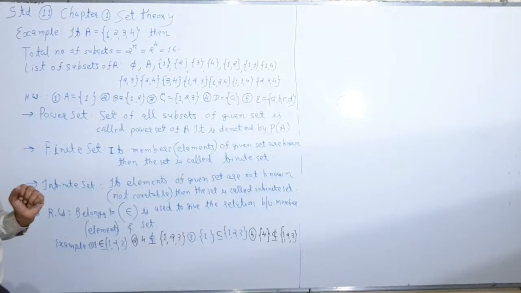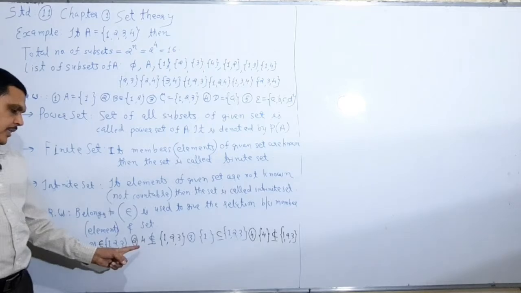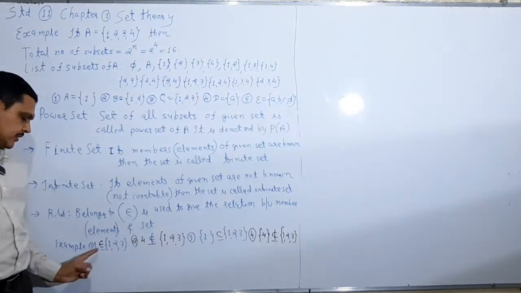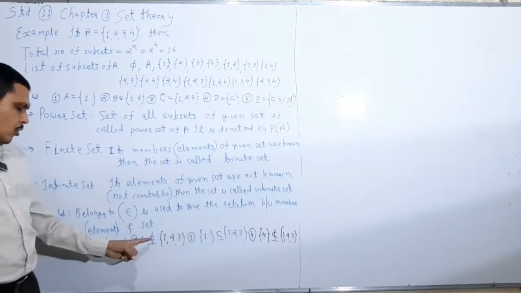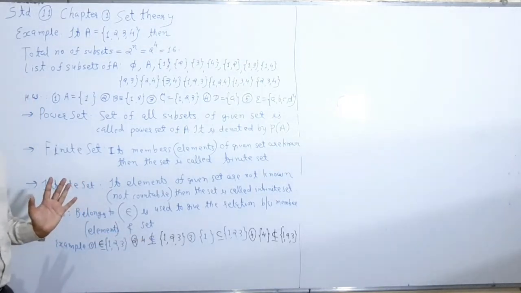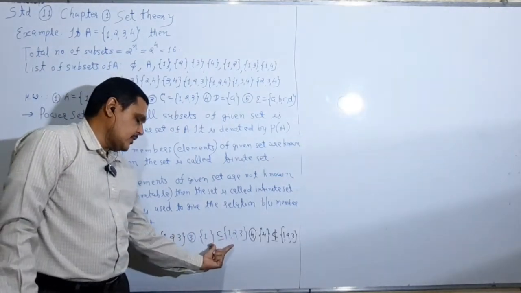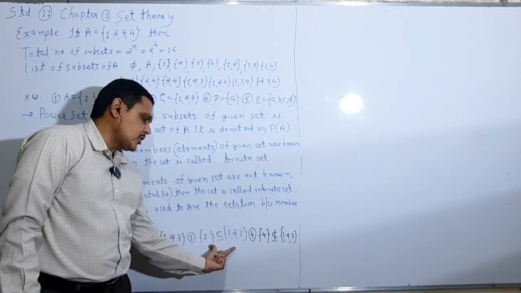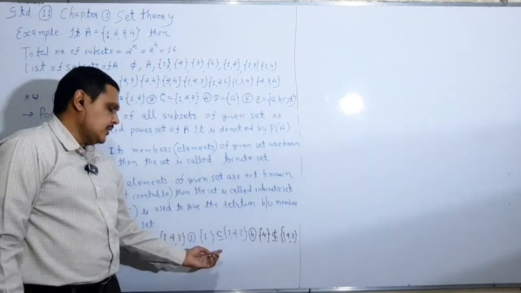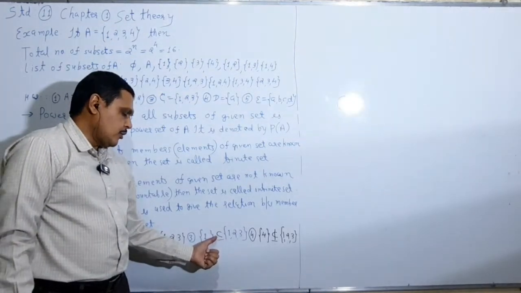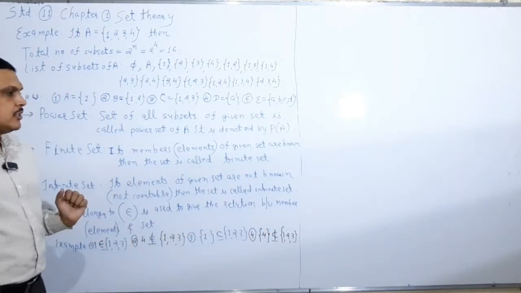All of you have to remember only this thing, that if there is a member and set, then you have to put belongs to or not belongs to in the blank, and if there are sets at both sides of the fill in the blank, then you can use subset and not subset as a symbol.